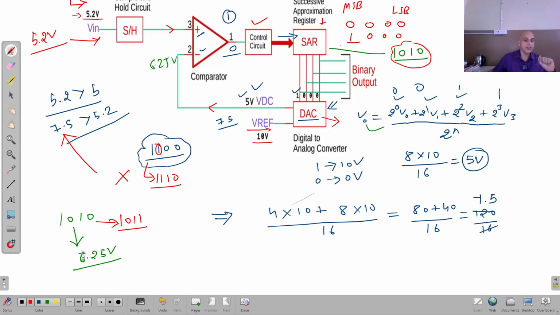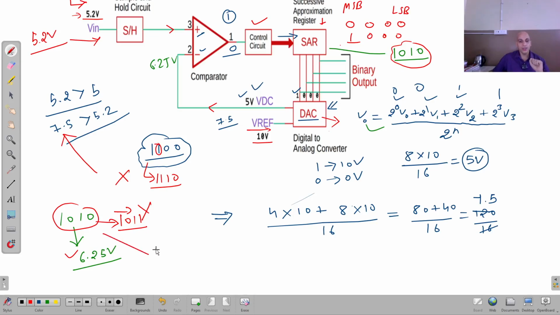Suppose 6.25 volt was less than, for example, 7.2 volt; in that case, the SAR would have progressed in this direction. But as this value is higher and this is low, it will progress toward the lower side, right? This value is dropped.